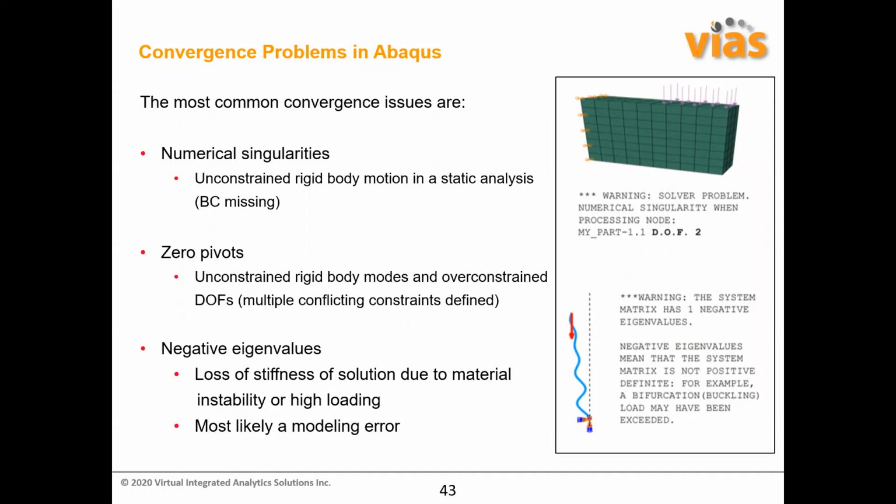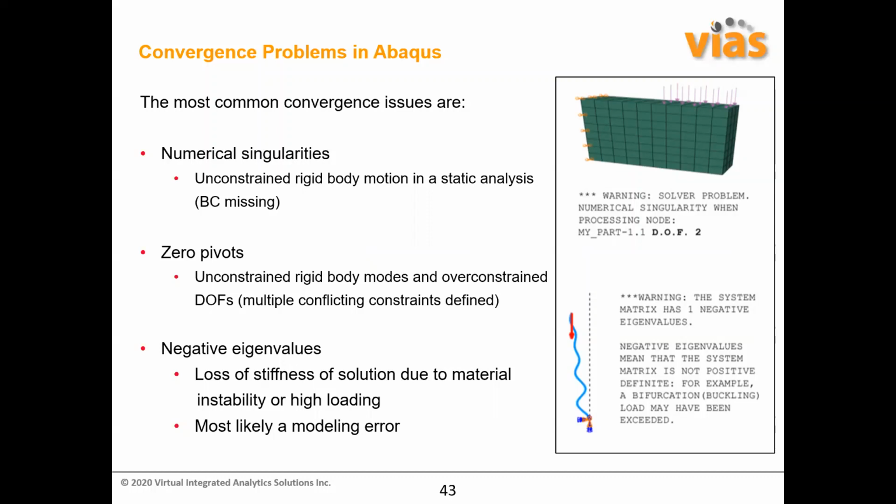The main physical cause in the model is unconstrained rigid body motion in a static analysis. Most possibly you have missed a boundary condition. If you are trying to solve a static problem and you miss a boundary condition, Abaqus is applying the force without seeing the reaction. It knows that it's a static problem, but there's no reacting force to it, so the body will start moving in a rigid body mode.